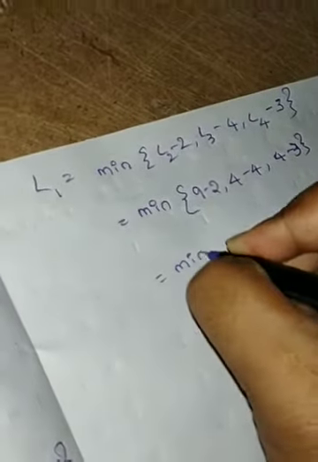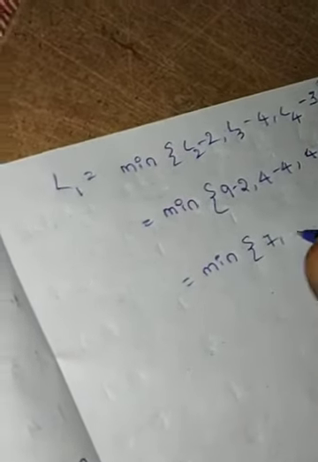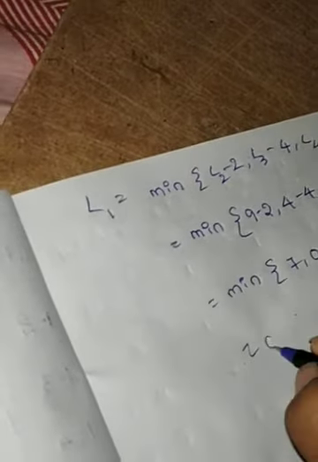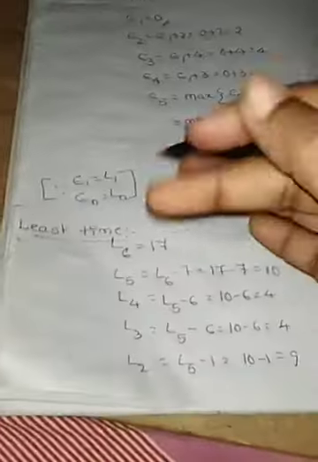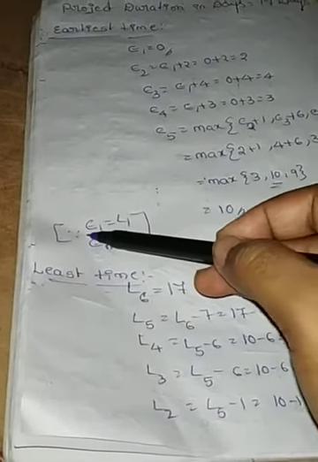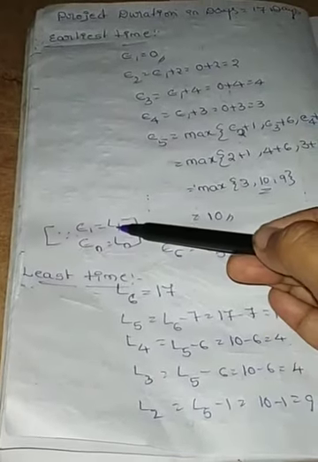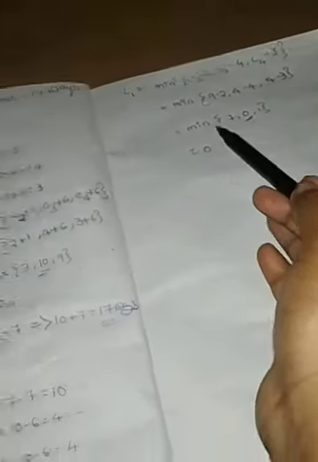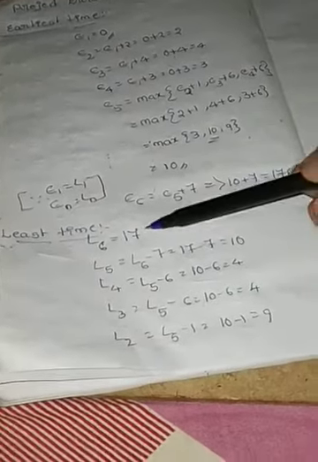The minimum of 7, 0, 1 is 0. So L1 equal to 0. Note E1 equal to L1, both 0, and En is 17 and Ln is 17. So this is the right answer.